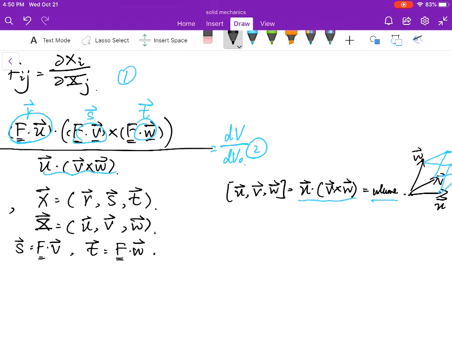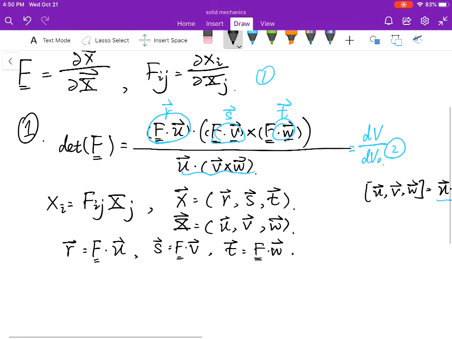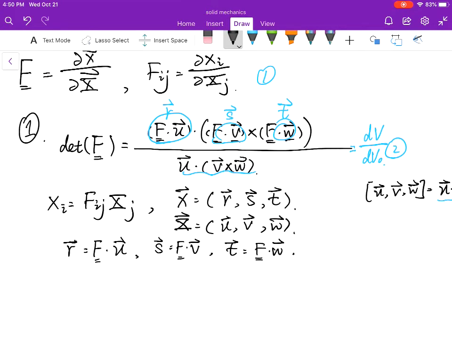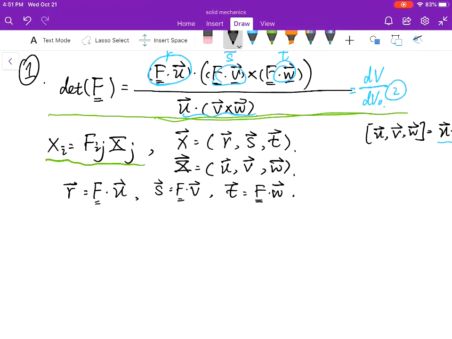Because of this definition and this relation, the mathematical definition exactly describes that the determinant of F equals the volume change. So this proves it naturally by the definition of the determinant itself, if we take F to be the deformation gradient tensor.